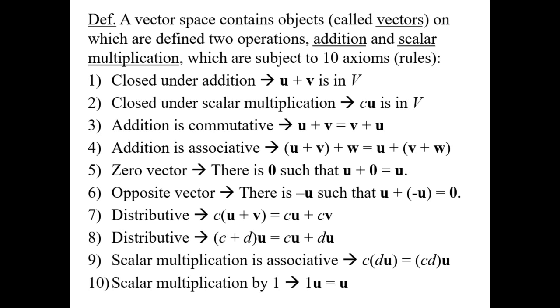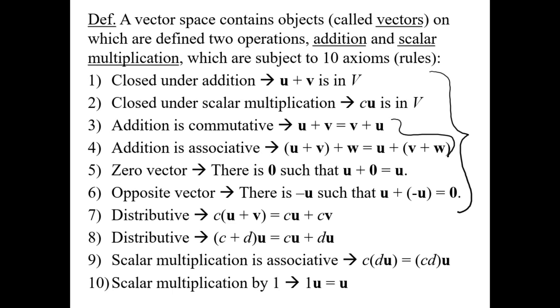For the most part, we're going to be interested in these 6. Again, those last 4 are generally going to be true, and we don't really need to stress over them. And in fact, even these 2 are not going to be huge. Really, it's mostly about: is it closed under addition?